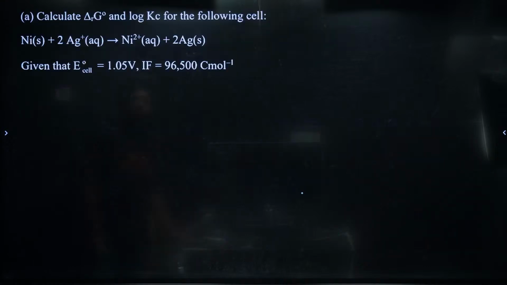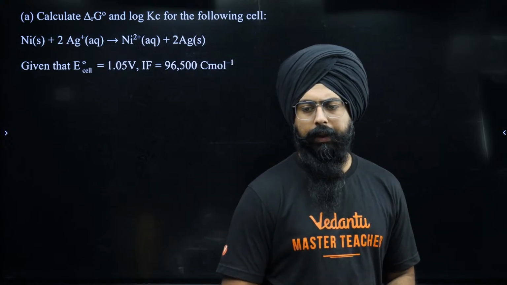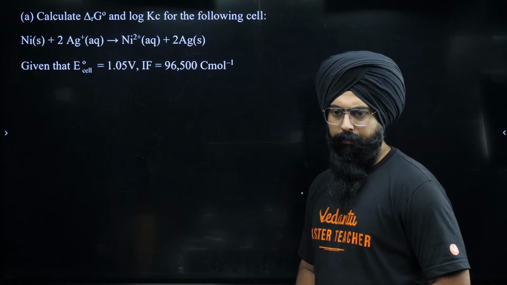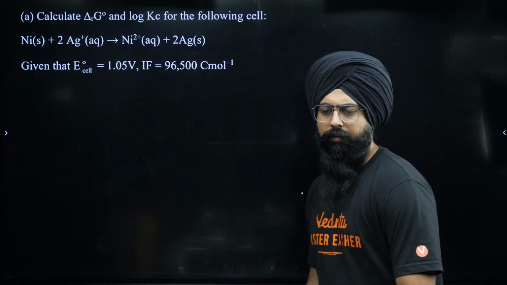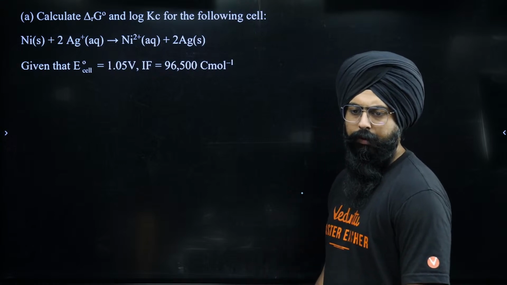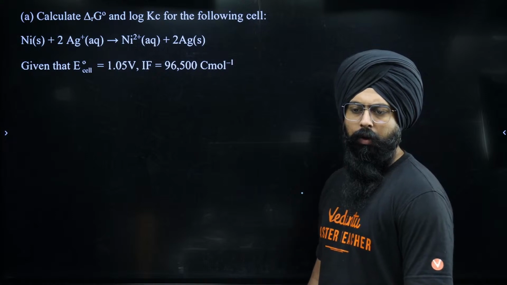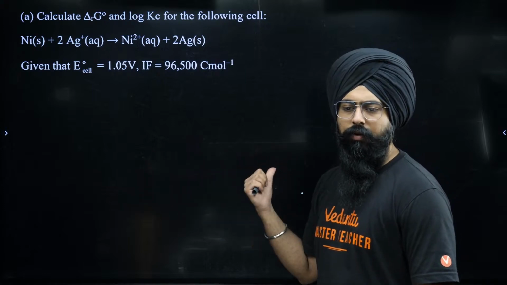Cool. Let's do this one. Calculate delta G and log Kc for the following reaction. In hydrogen electrode on the cathode side, after H positive, should we write the H2 part in the cell? Achha. So basically you're saying, should we start from H positive or should we start from H2?